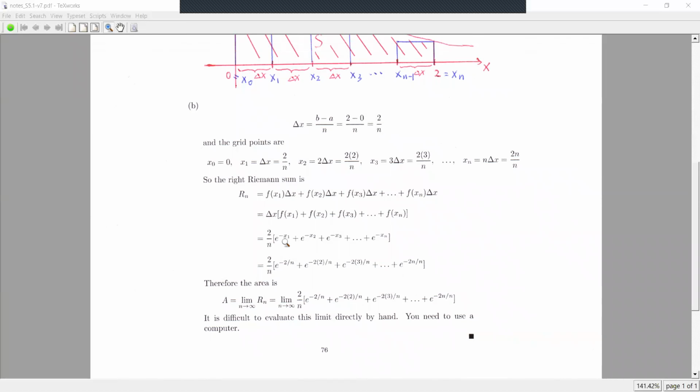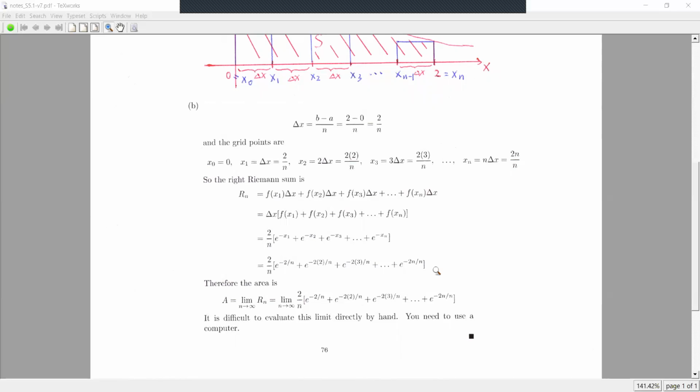Now plug in the values for the cutting points. x1 is 2 over n, so plug in 2 over n for x1 to get this term. x2 is this number. Plug in this number for x2 to get the second term, and the third term, and the last term, and so on.